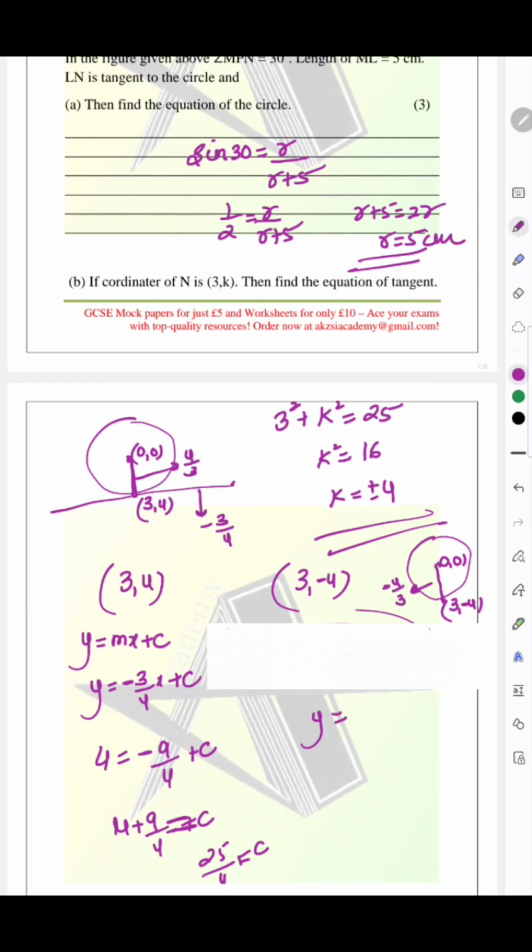So the tangent gradient will be the negative reciprocal of this, which is 3 over 4. So y equals 3 over 4 x plus c. On substituting y as negative 4, we get negative 4 equals 9 over 4 plus c. Moving things over, c is negative 25 over 4.